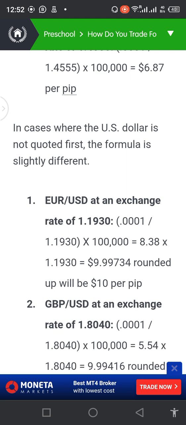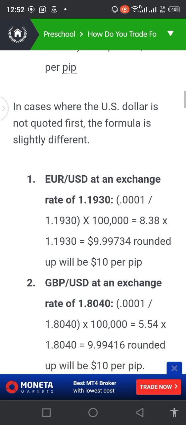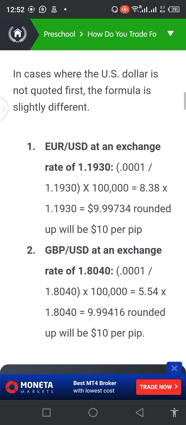So euro against USD at an exchange rate of 1.1930. You get the rate of that particular pair, 1.1930, times the standard lot size of 100,000. You get 8.35 times, again, the standard rate, which rounded up will be 10 per pip.